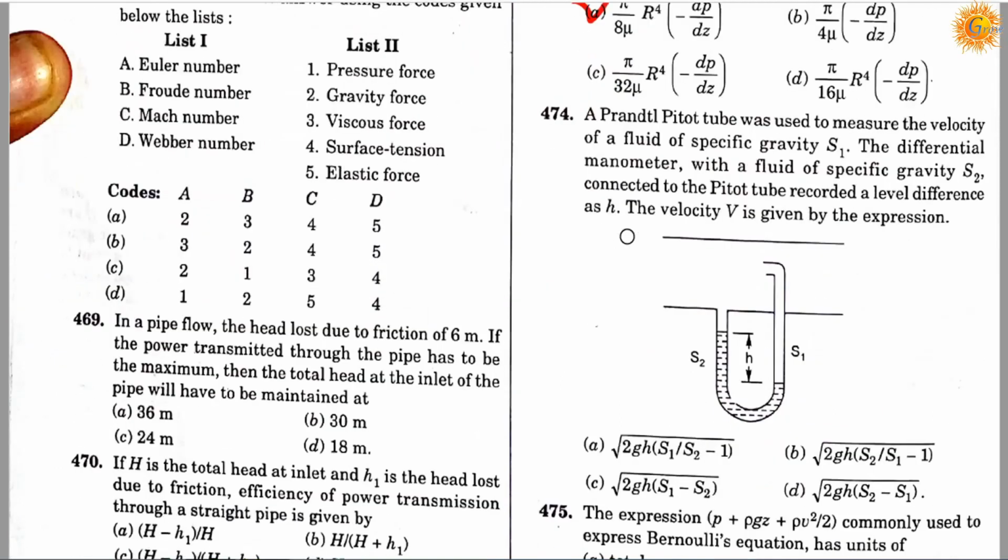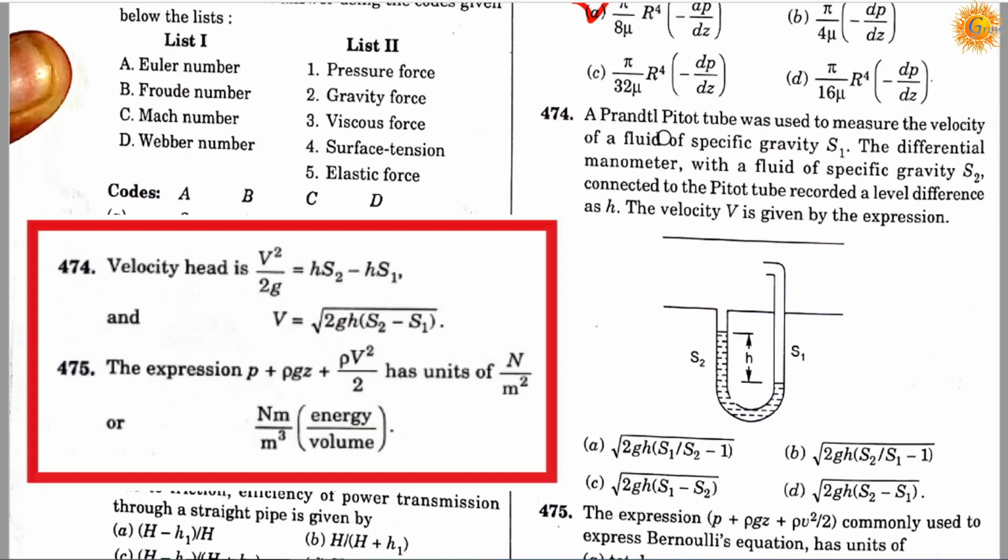Question number 474. The Prandtl pitot tube was used to measure the velocity of a fluid of specific gravity S1. The differential manometer with a fluid of specific gravity S2 connected to the pitot tube recorded a level difference of small h.